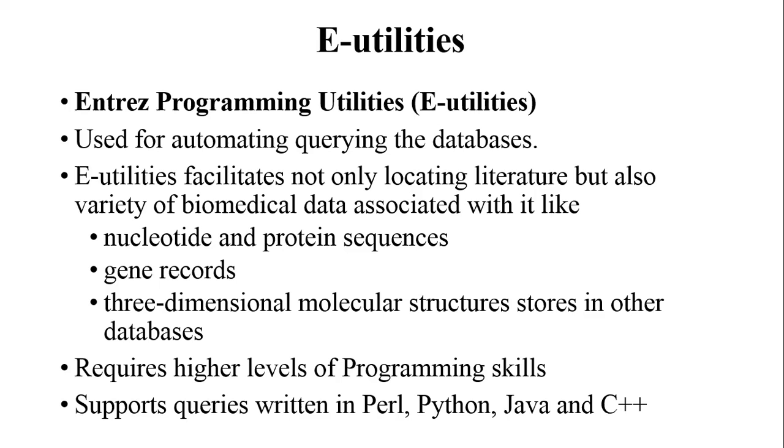Or if the paper is about the crystal structure of some protein, then a PDB identifier that signifies a PDB model stored in the PDB database can be associated with that paper.